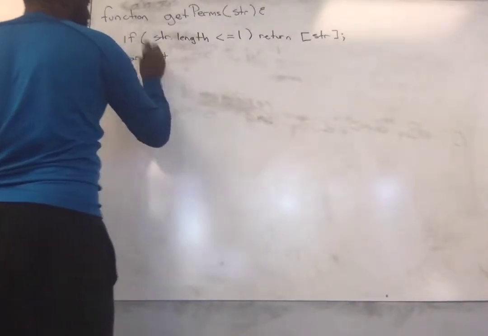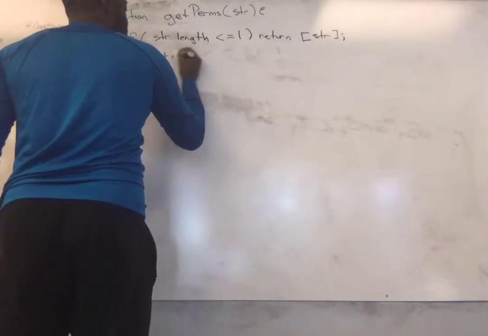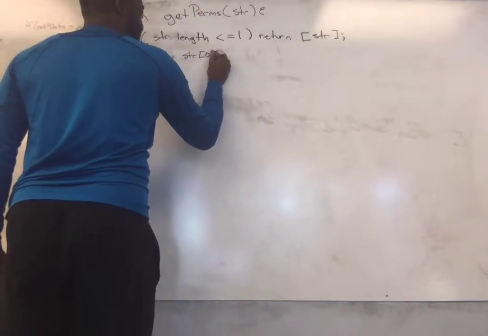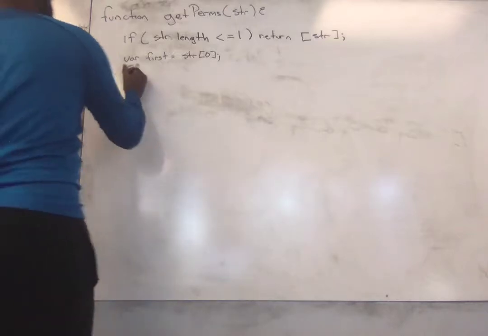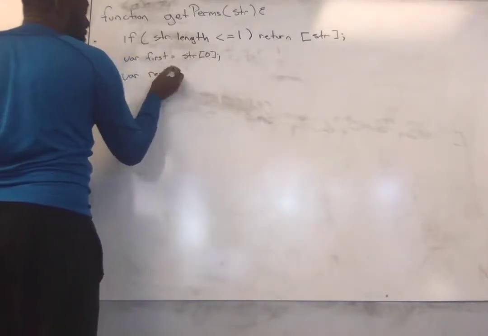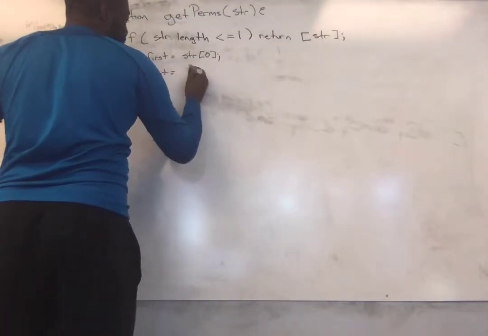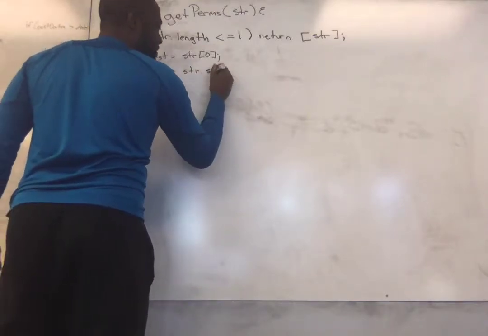This will be a variable that stores just our first character. We're going to say equals string of 0. Again, this just grabs the first character in that string. Okay? And then we're going to say var rest, and this will be the variable, just like we said, the rest of our string, equals string.slice.